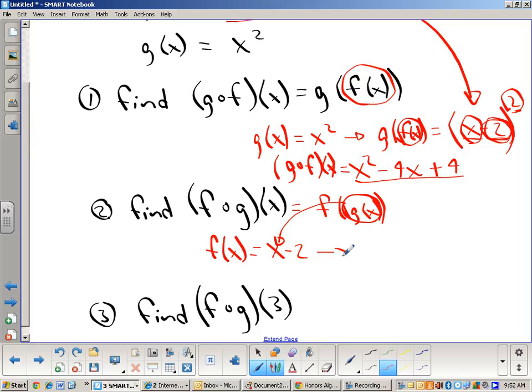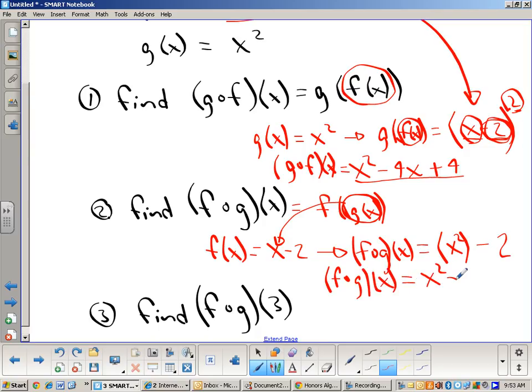So f of g of x is equal to x minus 2, and where the x was, I'm going to put all of g of x, which was x squared. So f of g of x is equal to x squared minus 2.